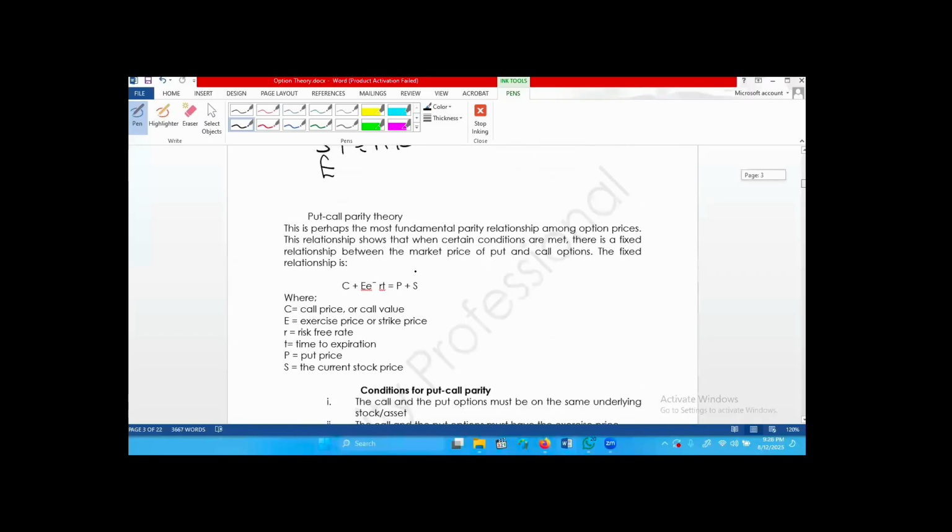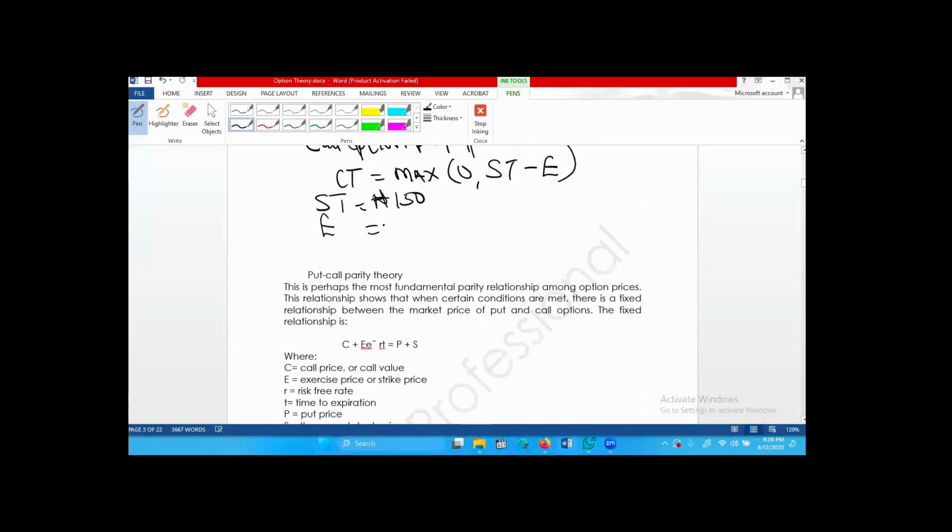Coming back to this formula, maximum of 0 or 150 minus 100, the max of 0 or 50.